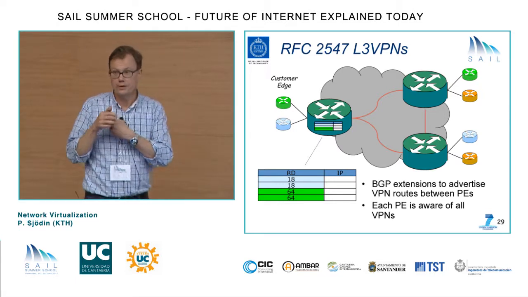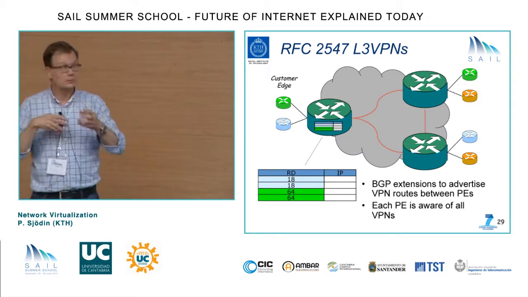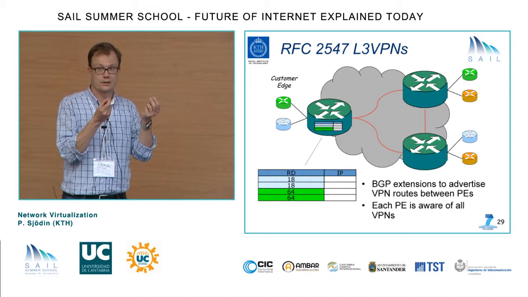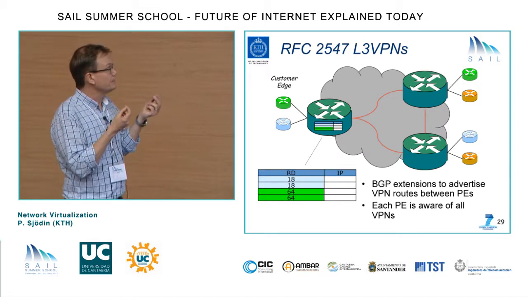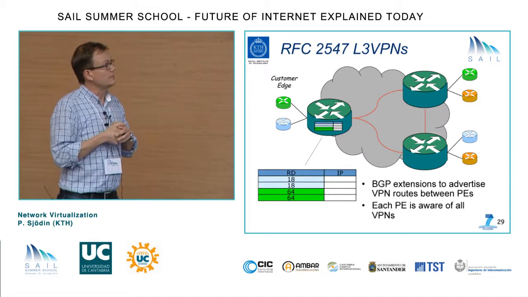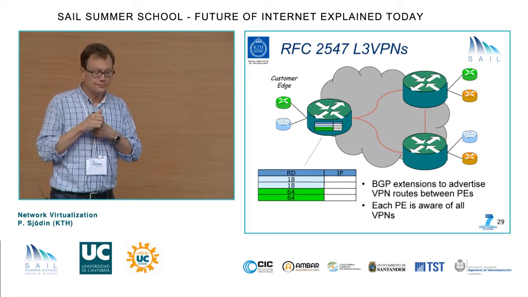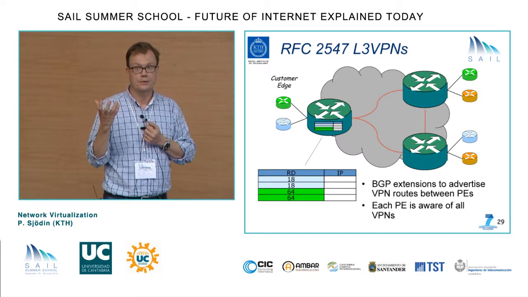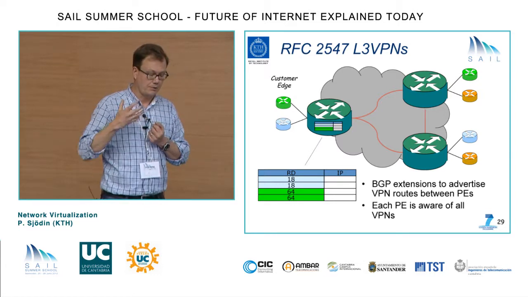We need to use something internally that says this particular packet should use this particular routing table for this VPN. So we need to tag on a VPN identifier internally that associates and says that this is the VPN that this belongs to.